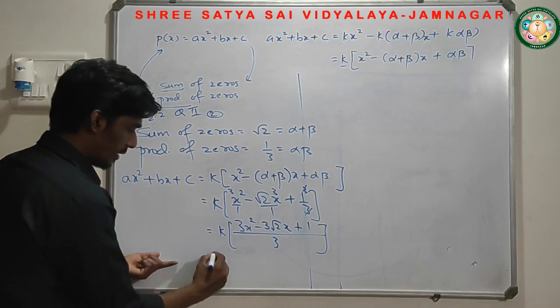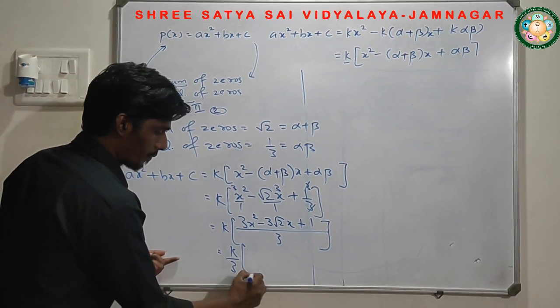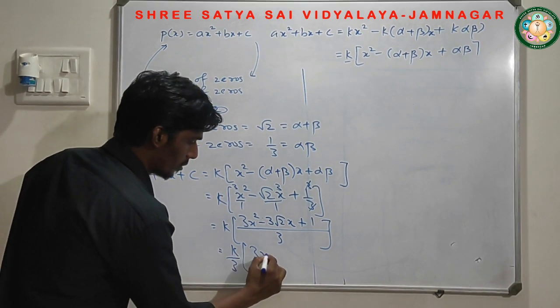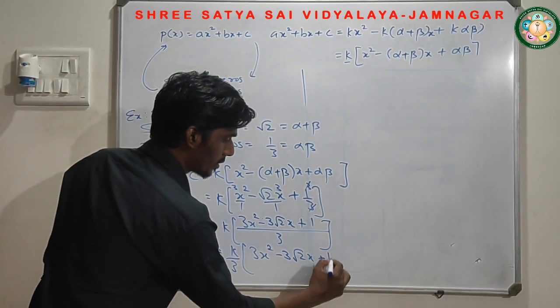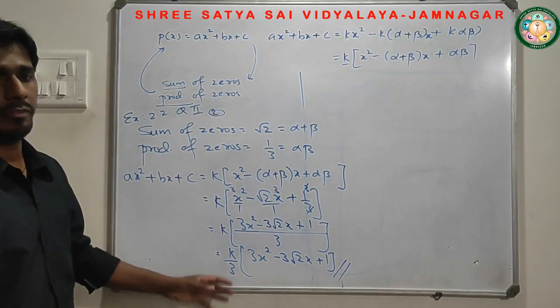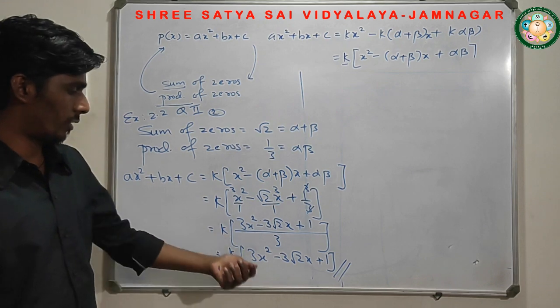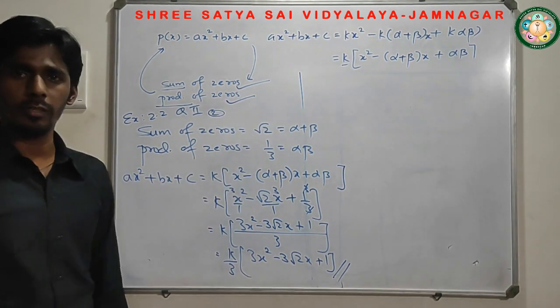Take out 3 as a constant outside. So k, and our required polynomial is 3x square minus 3 root 2 x plus 1. This is our final answer. So this is the way we will get any quadratic polynomial from given sum of zeros and product of zeros.